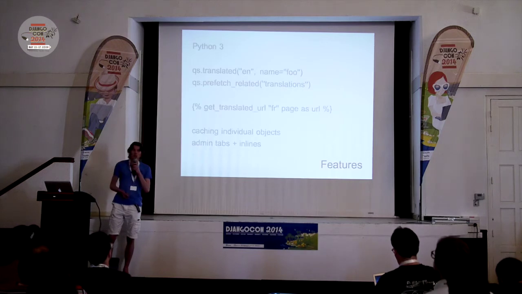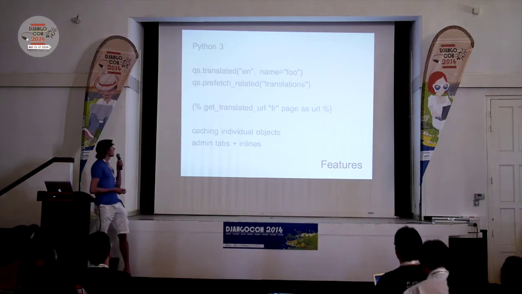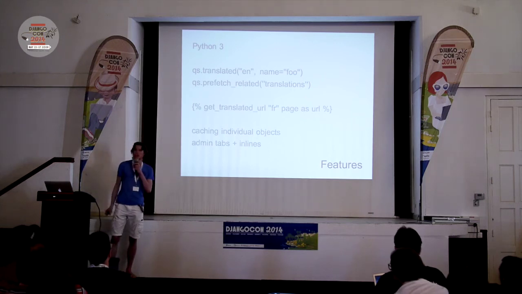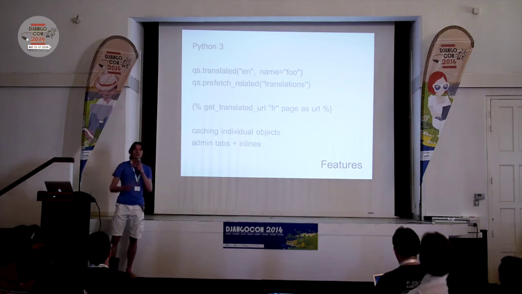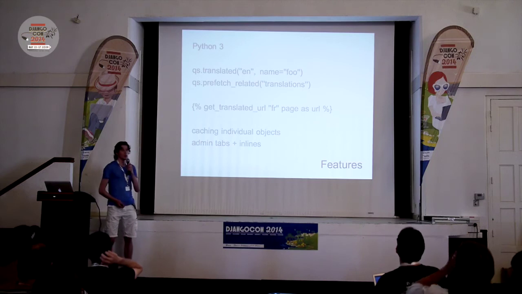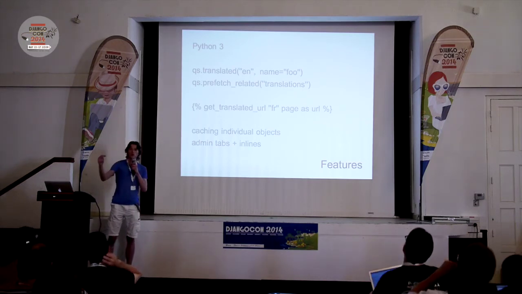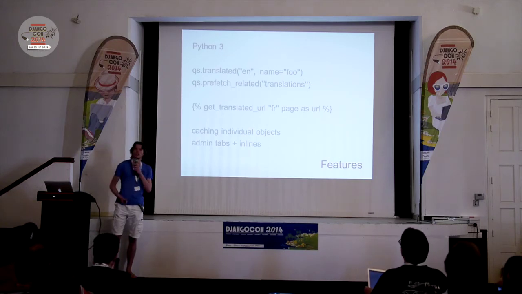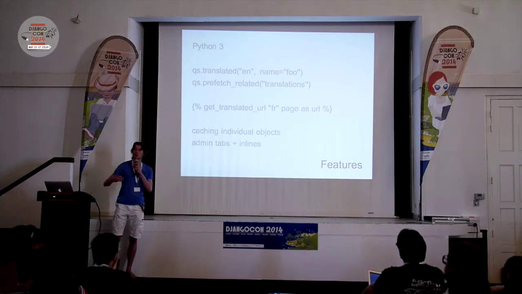And we have some pretty cool stuff in there as well, like querying the translated fields, or using the prefetch related mechanism of Django, and getting translated URLs, so you can tell Google which versions of a page exist. And because there is some caching involved, it's still quite performant. So there's no worry about all the separate queries going to a separate table.